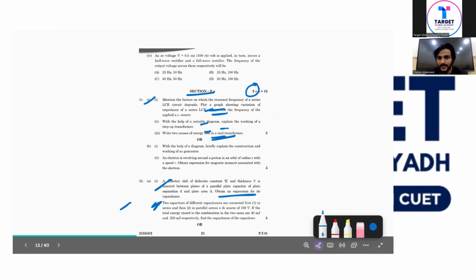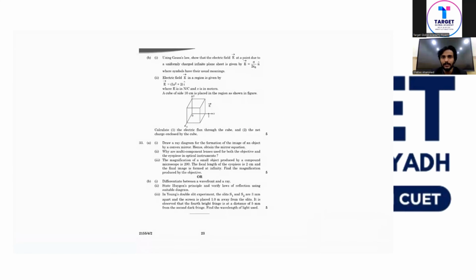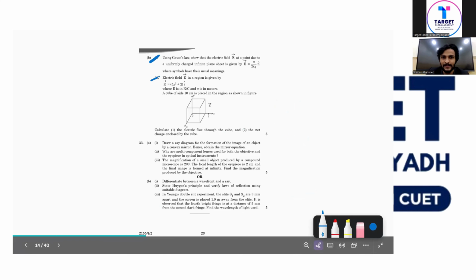This question is from electromagnetic induction or alternating current. And this question is from electrostatic potential and capacitance, that chapter. Here first we have the derivation, and the second one is the numerical, and this is also from electrostatics.